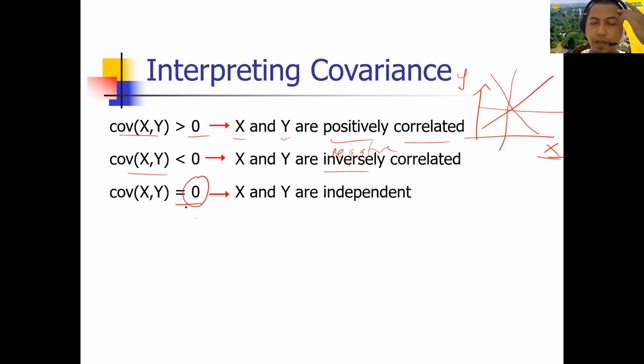The meaning of covariance being 0 means that there is no correlation between x and y. For example, pointing to the horizontal line here, for the case of the horizontal line, the covariance is 0. It means that as x increases, it doesn't have an effect on the y variable.